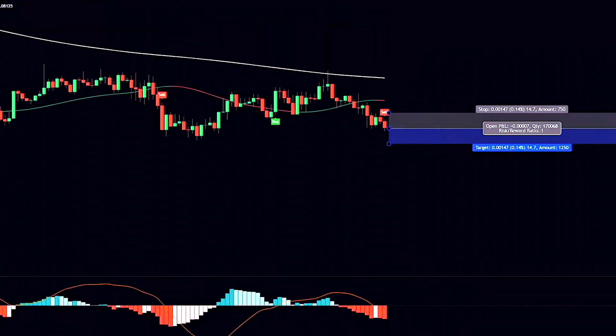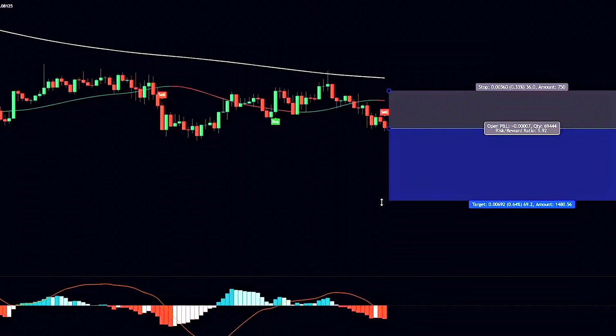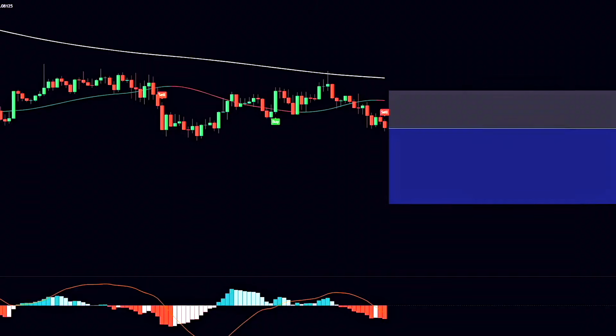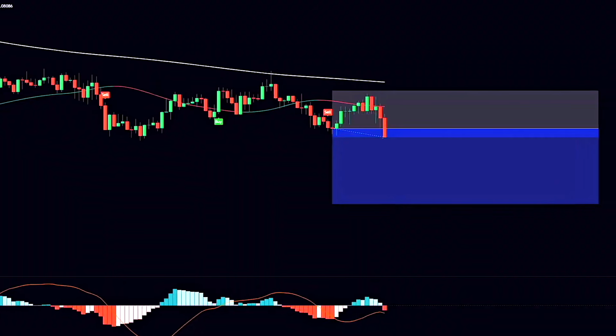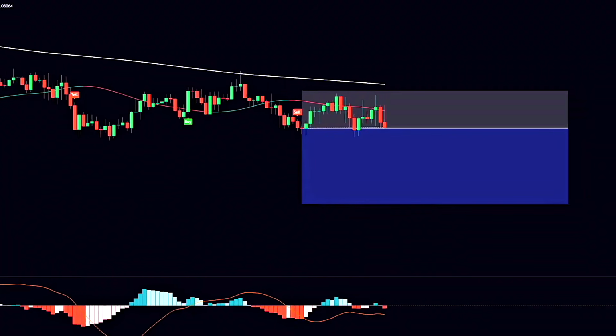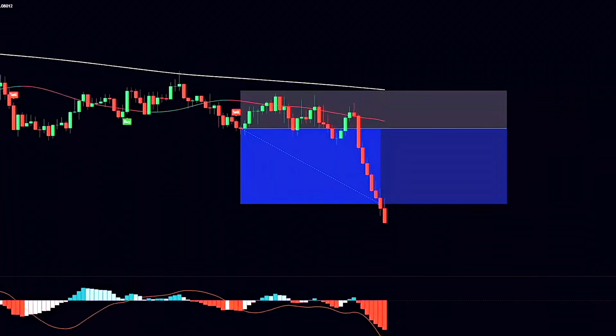Now you can enter short. Stop above the recent swing high and take profit at 2 times the risk. And as you can see, the profit banked.